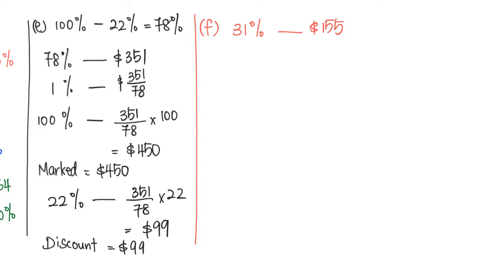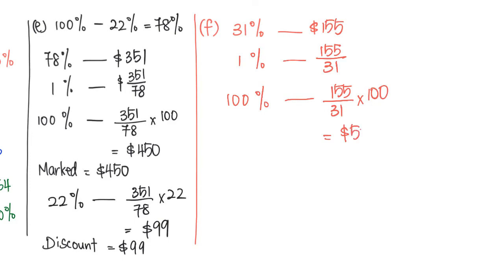So I will have to find 1%, which is 155 over 31, and my 100%, which is the mark price. I will get $500, and this will be my mark price. You can represent your answer in this form as well.